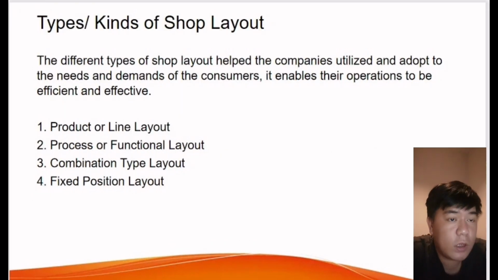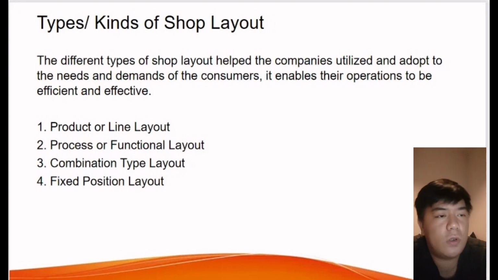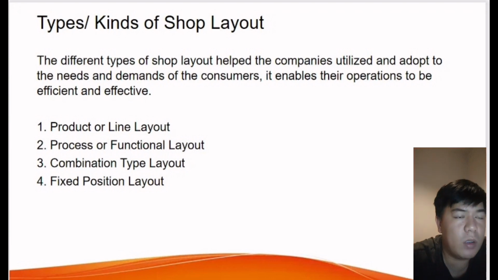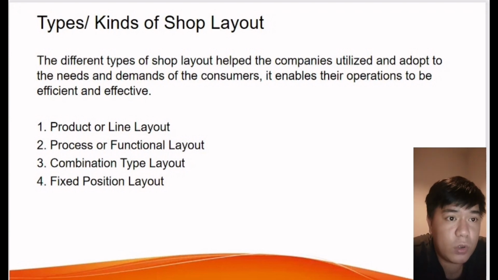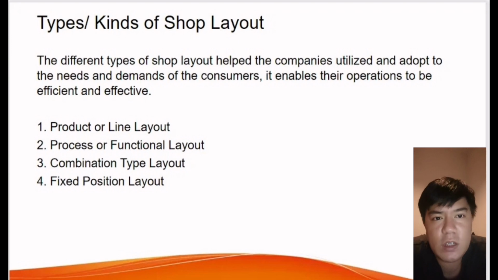Types or kinds of shop layout. The different types of shop layout should have components utilized and adapted to the needs and demands of the consumer. It enables their operations to be efficient and effective. So we have 4 types of layout.